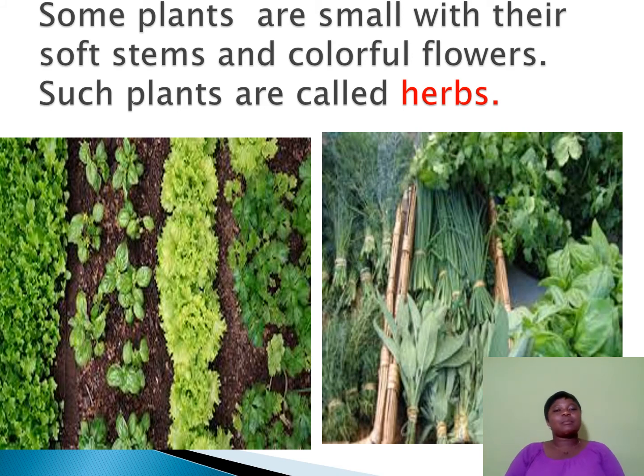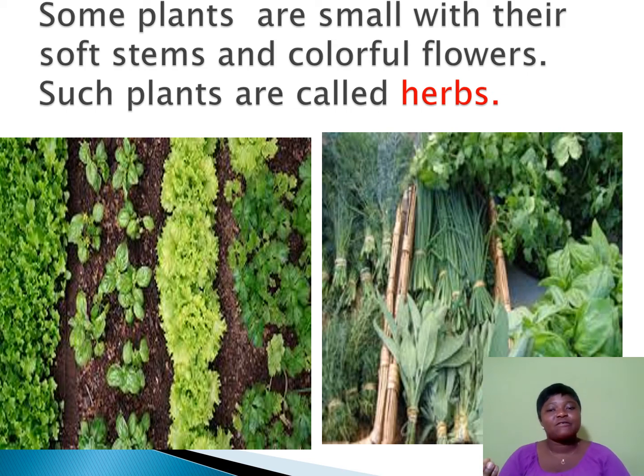Okay. So some plants are small with their soft stems and colorful flowers. You will see them. Such plants are called herbs. So we said in our previous slide that plants that are big are called what? Trees.